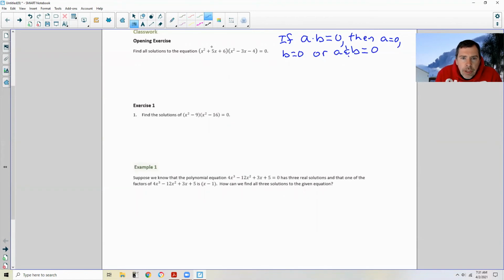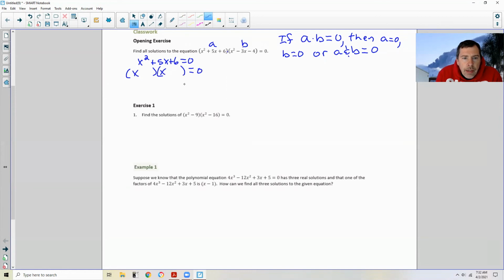Here is an A and here is a B, and because we're multiplying, either A is 0 or B is 0, or they both are. So to find all solutions to this equation, we say, well, let's make A equal to 0. That would be x squared plus 5x plus 6 equals 0, and we're going to factor it.